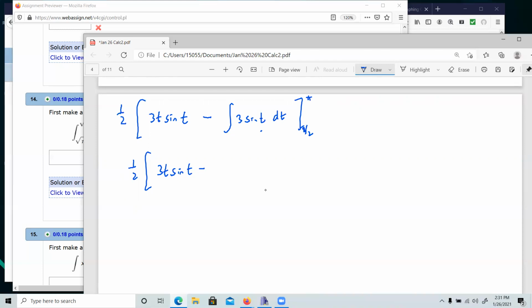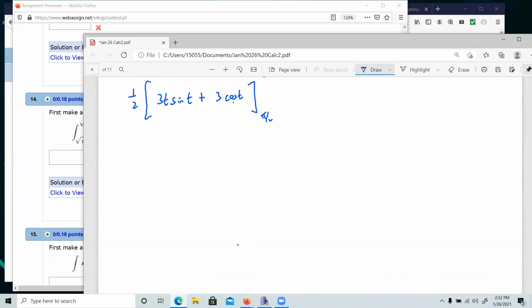If I take the derivative of cosine, I get negative sine, so it's negative 3 cosine t, and we're going from pi over 2 to pi. You just plug those in and we'll be fine.